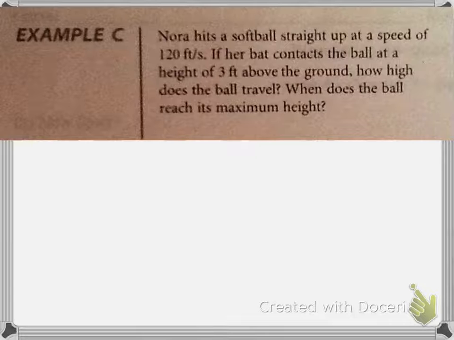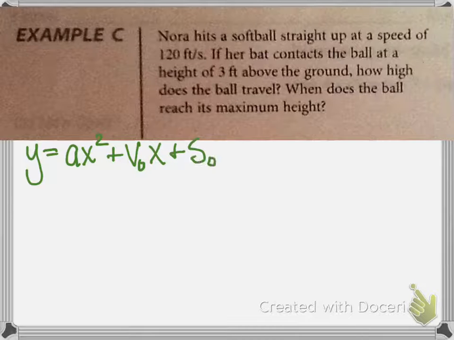So we have back to projectile motion. The equation from the last screencast and from the do nows and your notes was y equals a x squared plus v sub 0 x plus s sub 0. Because we're in feet, a is equal to negative 16.